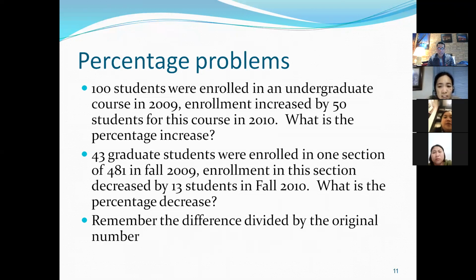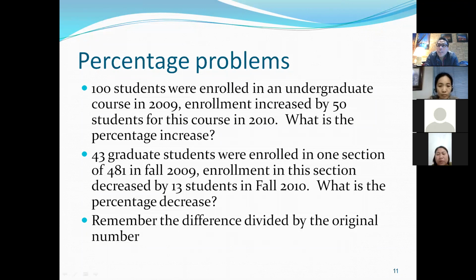So 43 minus 30 is 13, right? So 13 divided by 43 equals 0.3023 times 100 equals 30.23% decrease. Did everybody get that?